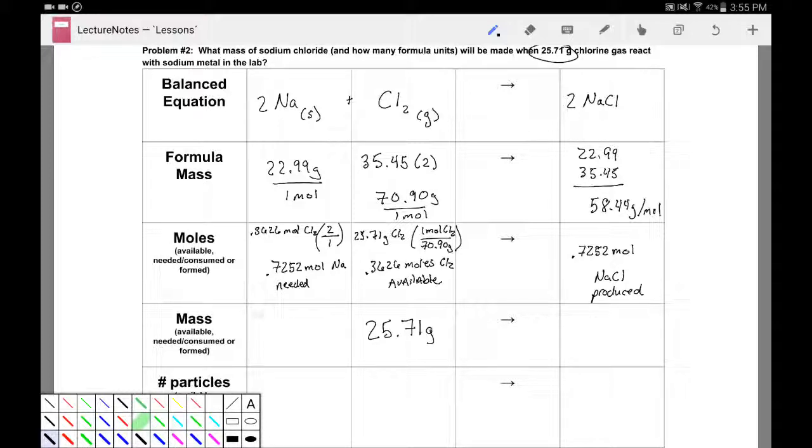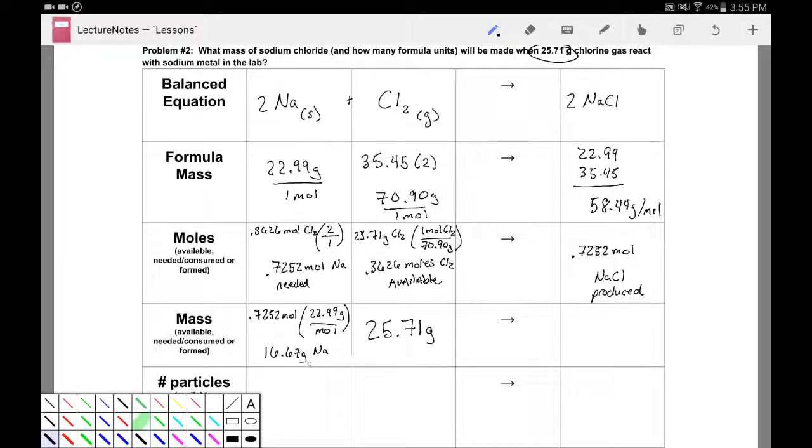So to start, for the sodium, we had 0.7252 moles needed from our calculation, and using the formula mass, we can convert that to mass because it's 22.99 grams per mole. When we do that calculation, we find that for this reaction, we are going to need 16.67 grams of sodium.